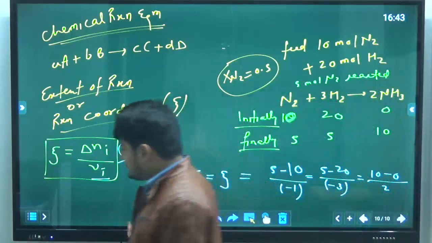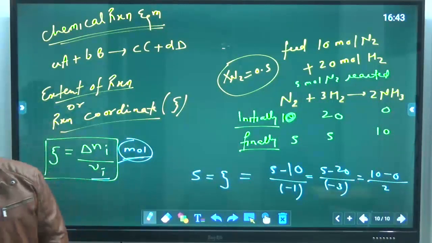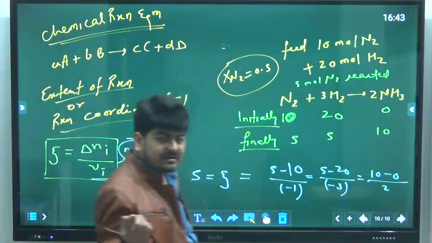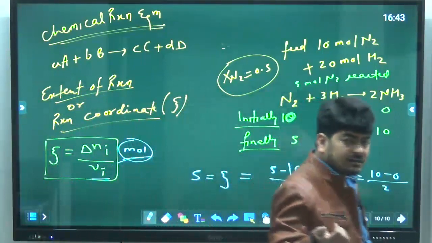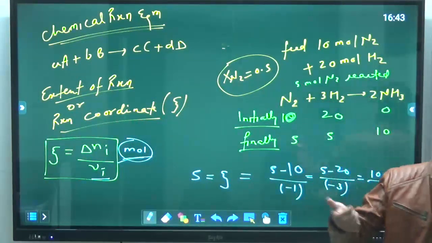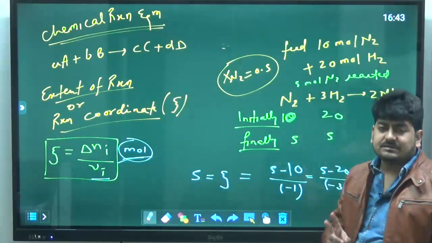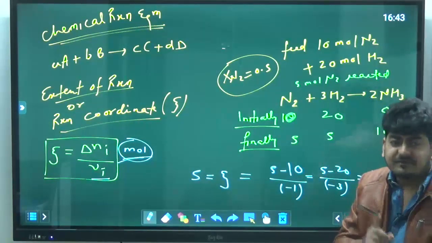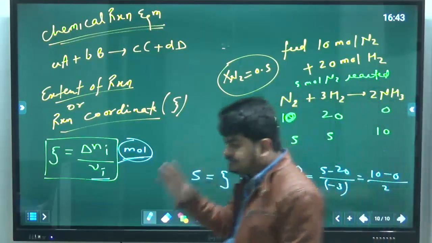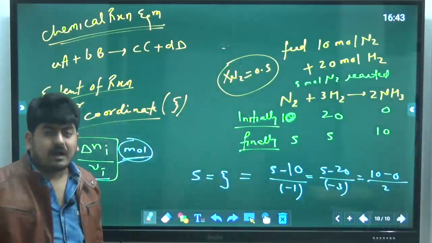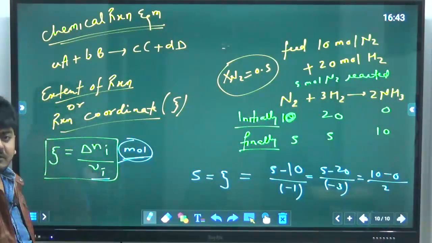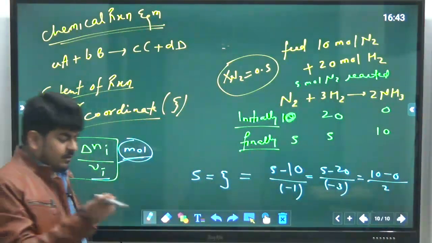Something like that were the options. So we have to know that the extent of reaction can be greater than 1. It will be the same for reactant and product, plus it will have some units. Okay, and how can you calculate the extent of reaction for any reaction?